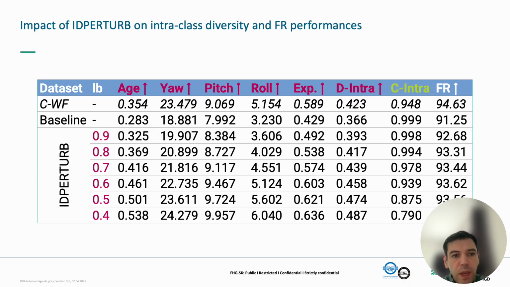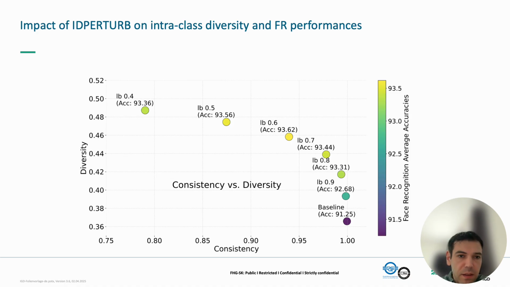On the other hand, when the lower bound decreases, we have less intra-class consistency. However, the face recognition performance in general is enhanced when the intra-class diversity is increased.